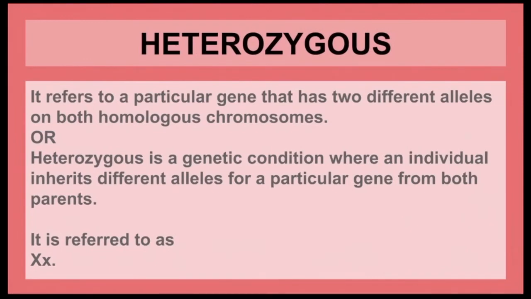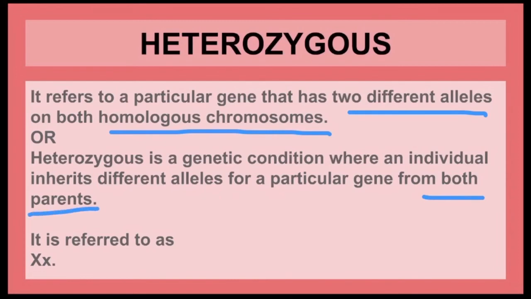Heterozygous. When two different alleles for a particular gene are present on both homologous chromosomes, this is known as heterozygous. It means the individual has inherited two different alleles from the parents. One parent has maybe provided capital T, the other parent has given small t.